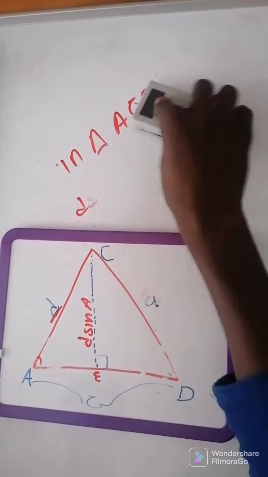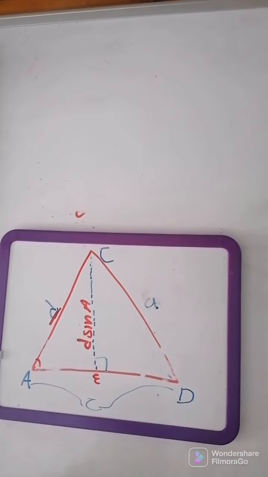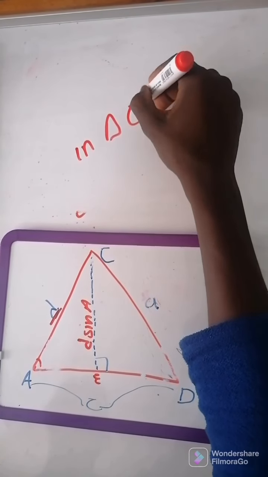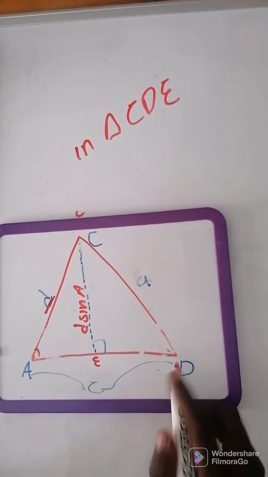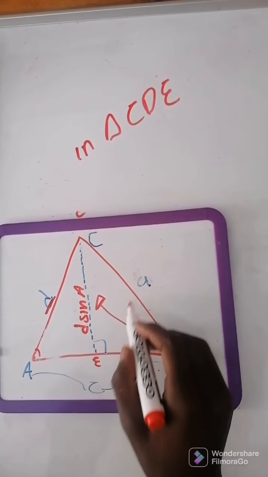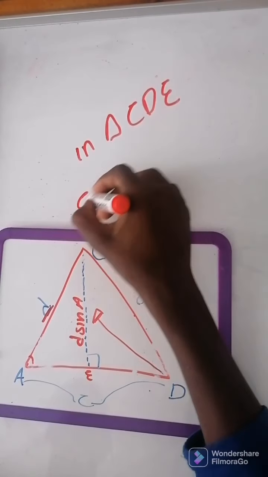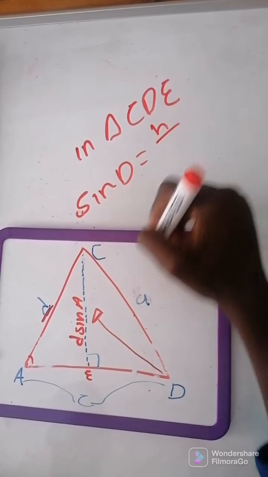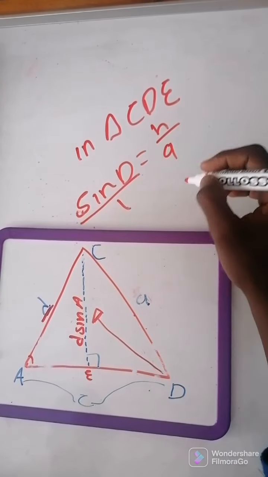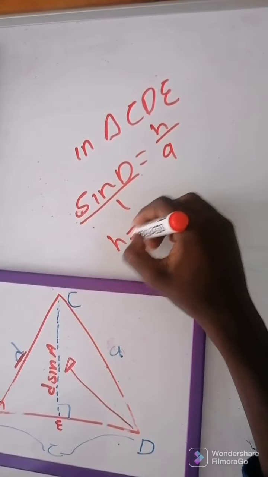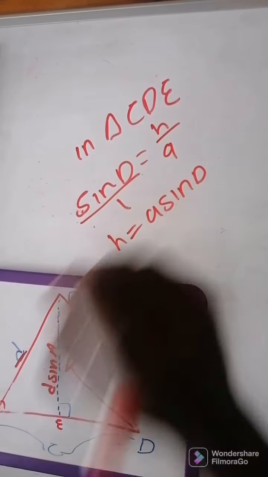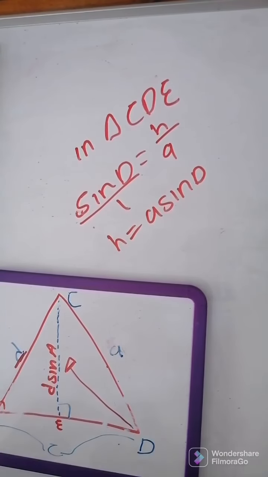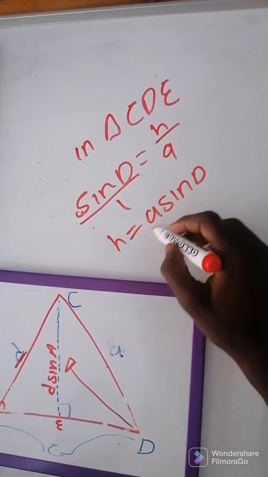Okay, so let's check in triangle CDE. In triangle CDE, right? d, so it's opposite over what? Hypotenuse. So it's what? Sin d equals opposite H over hypotenuse, it's A. We can cross multiply, right? So H equals A sin d. Okay, so H equals A sin d.